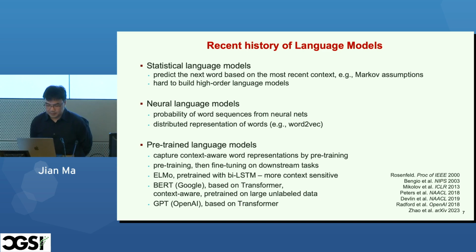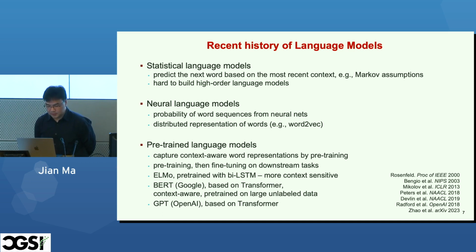You can try to capture the context of word representation through pre-training: you pre-train a model and then fine-tune it for downstream tasks. Famous examples include ELMo, pre-trained with bidirectional LSTM, and more recent models like BERT and GPT, which I will elaborate on later. They are all based on a model structure called the transformer, which I will also elaborate on a little more.